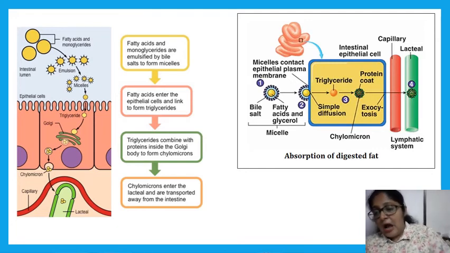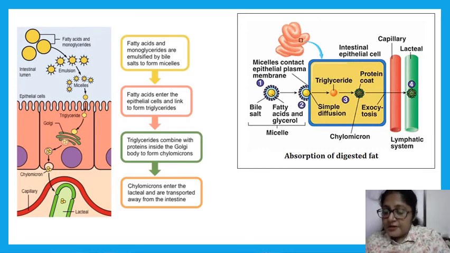So this is how the whole process of fat absorption takes place. So chylomicrons are released from the epithelial cell and they pass into the lacteals along with the lymphatic capillaries in the intestinal villi, rather than into the blood capillary. Why? Because in connection with the lacteals, they don't have a basement membrane and have very large slit pores.